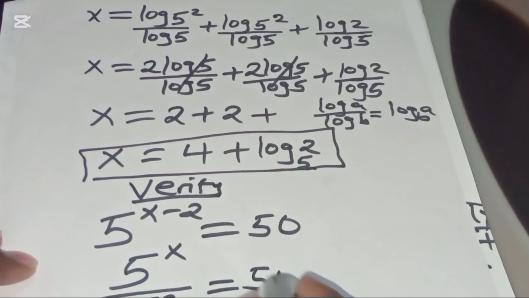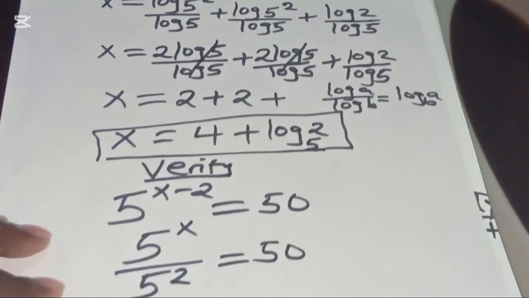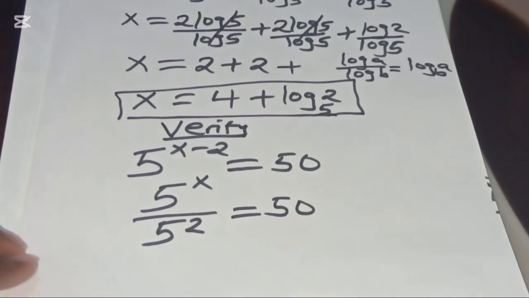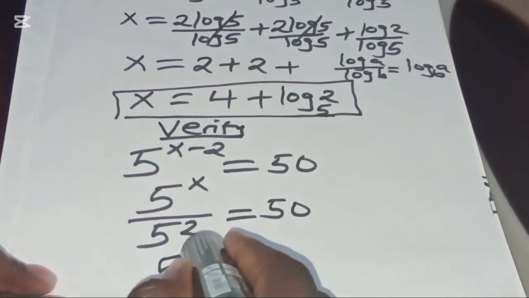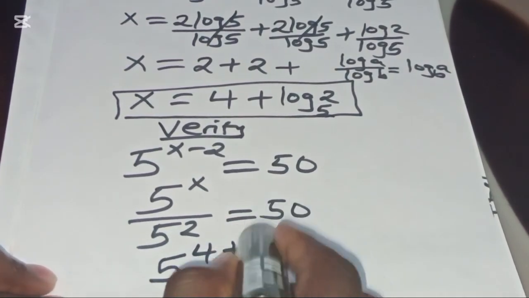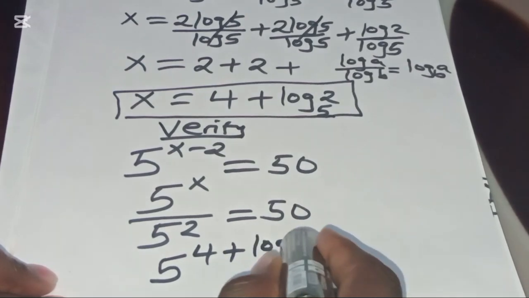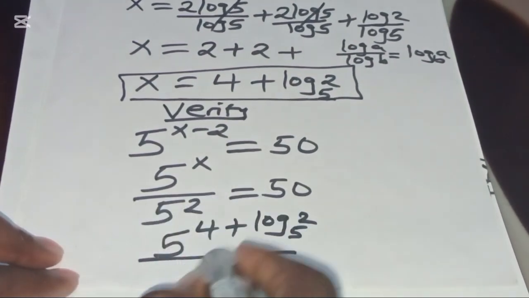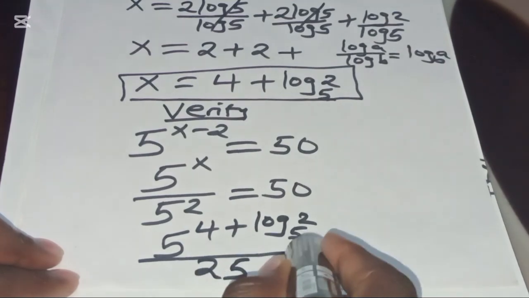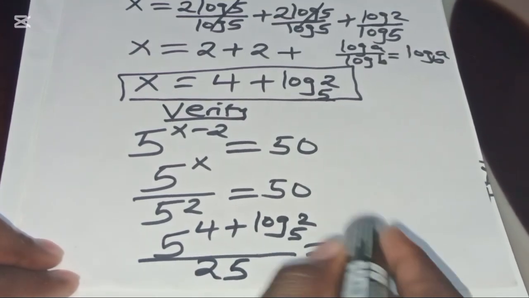This is equal to 50. So let's substitute the value of x so that we'll have 5 to power 4 plus log 2 to base 5 divided by 5 squared, which is 25. This should give us a value of 50.